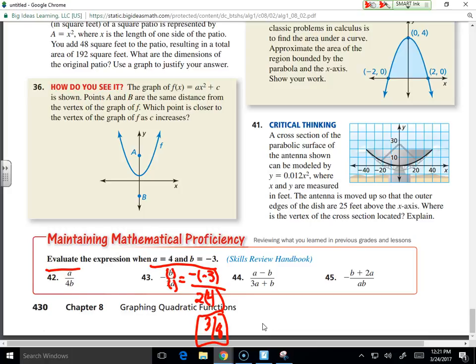Now number 44, Caleb and Alan, focus. Number 44, we have to plug in a lot of things, right? We have to plug into A, plug into B, plug into A, plug into B. Jay and Jordan, you can show each other, but just don't be talking out loud, okay? So for A, we can plug in 4 minus, B is negative 3.